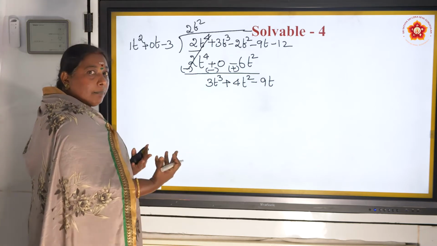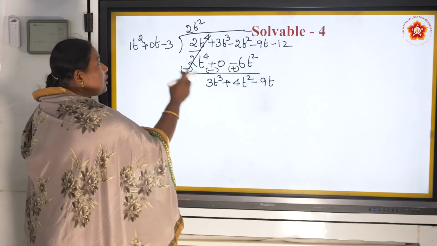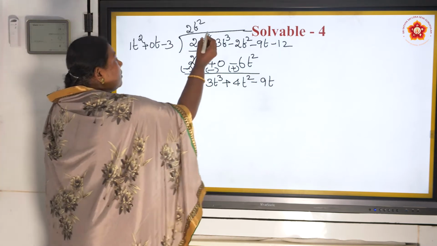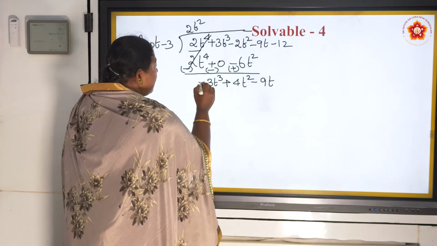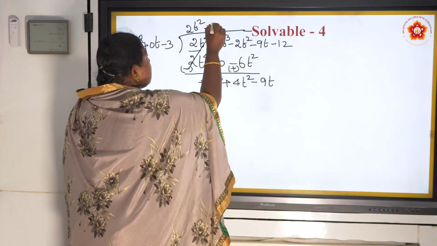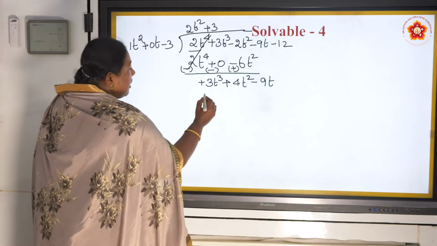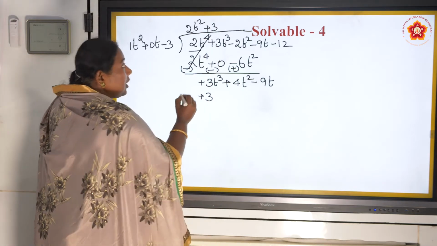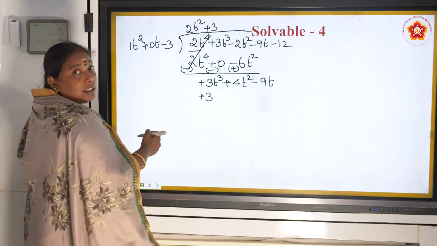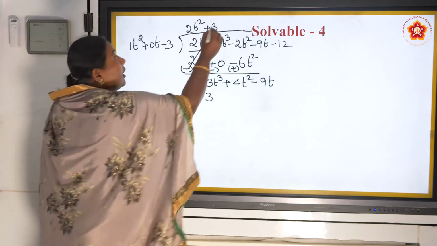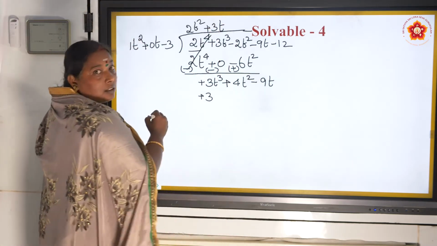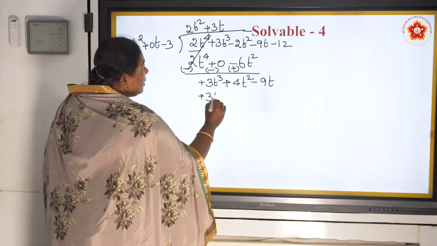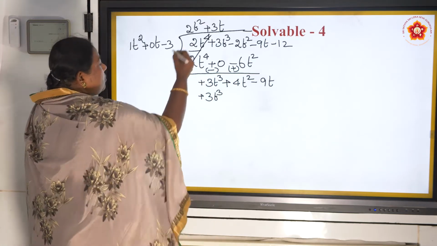So by what multiplying what I will get? 3t cube here, 1 into, here it is plus, so plus 3. 3 ones are 3. Then what multiply I will get? 3t cube. t square into t, right? So t cube. Next one, it's a 0.